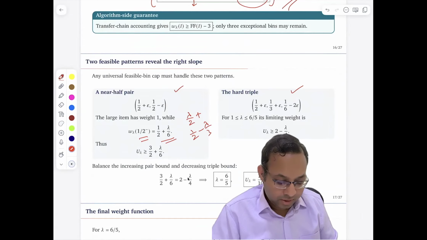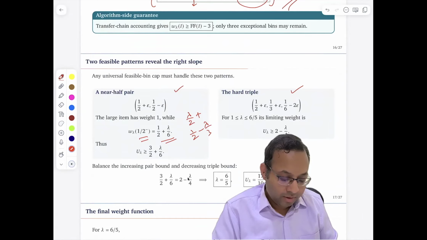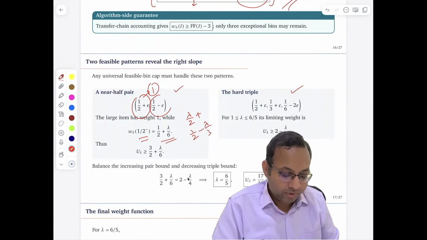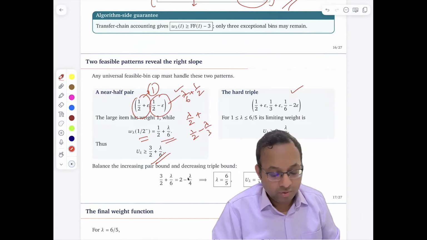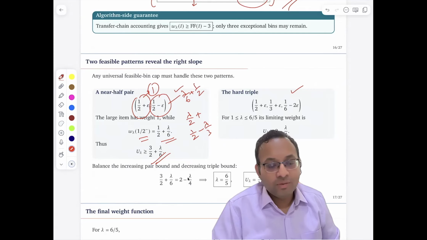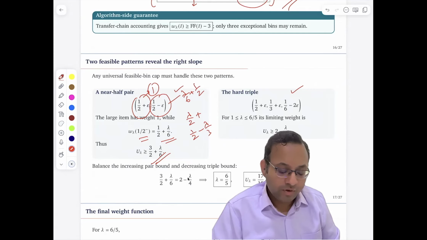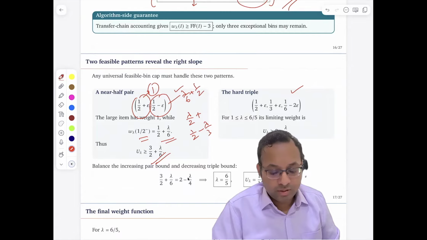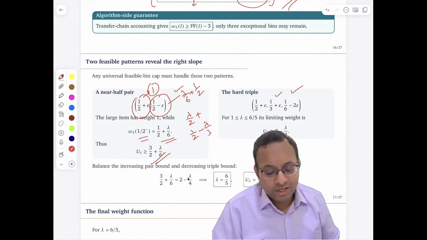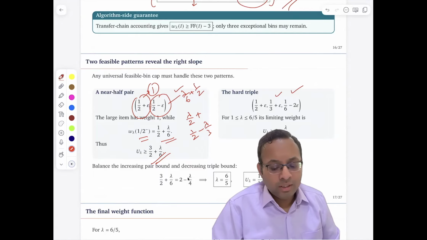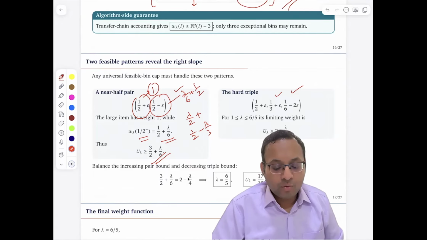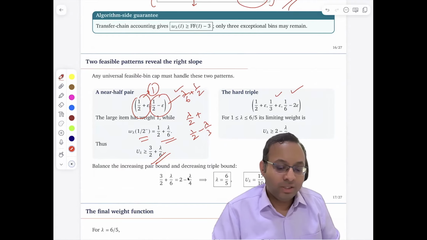So this weight becomes at least 1, and this becomes weight lambda by 6 plus half. So at least this will be the weight of a feasible bin. On the other hand, if we take the other triple, which is 1/3 plus epsilon and 1/6 minus 2 epsilon. The reason it is also problematic is that after 1/3 plus epsilon, the bonus increases relatively and then it gets a plateau.